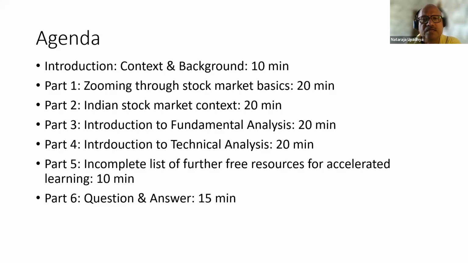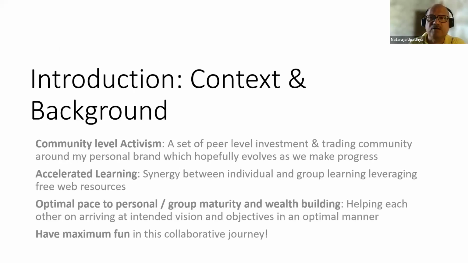Then there are some references given for further learning, and we may have some 15-20 minutes for the question and answers. So let me talk about the context of this series. This series of talks is not given only by me; it's also by many other people in our community.